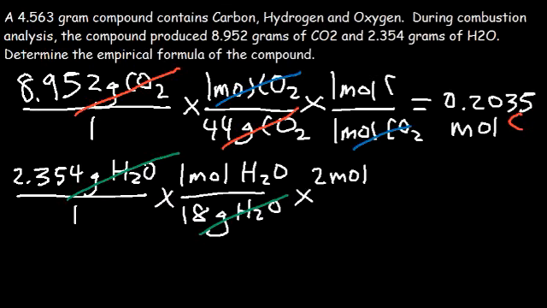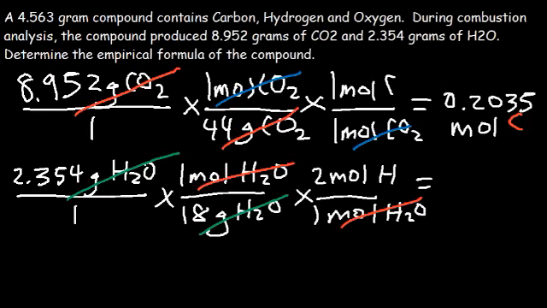There's 2 moles of hydrogen atoms per 1 mole of H2O. So now let's do the math. It's 2.354 divided by 18 times 2. And you should get 0.2616 moles of hydrogen atoms.